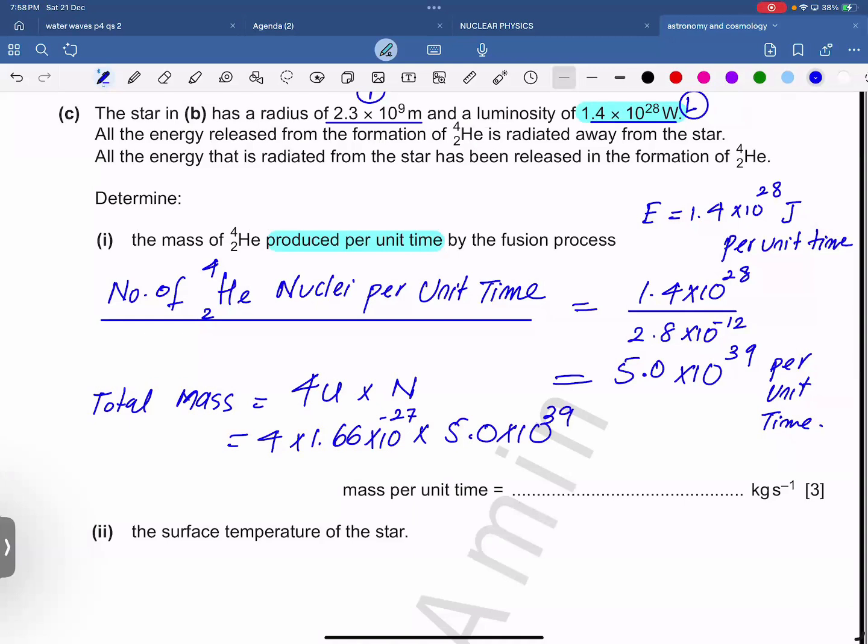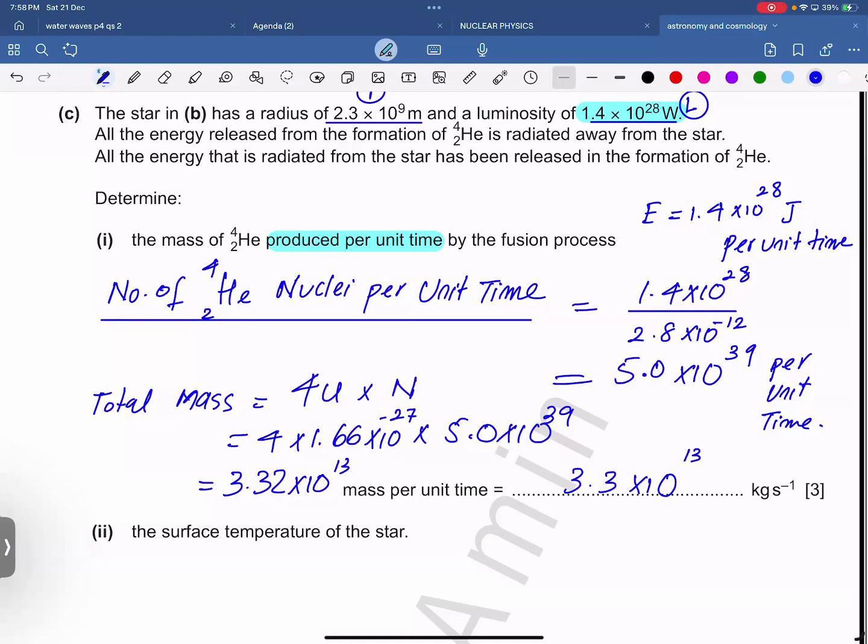Calculate, my dear. 3.32 into 10 power 13 kilogram. So this is the total mass which you expect to be changed into helium due to this energy. Again, my dear students, luminosity is actually energy per unit time. So using the energy of one nucleus, I found the total number of nuclei. Each nucleus mass is 4u, I found the total mass.